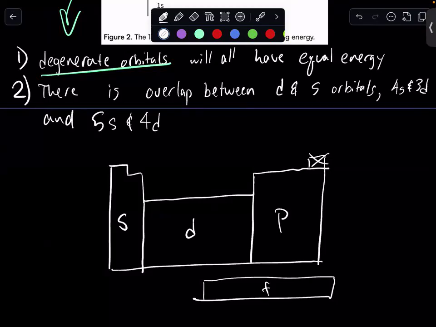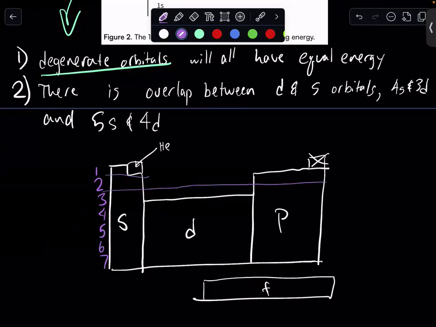Helium gets moved to its rightful place in the S block. So this will be helium. Then we must account for our periodic table periods, 1, 2, 3, 4, 5, 6, 7. So we're going to account for our energy levels.